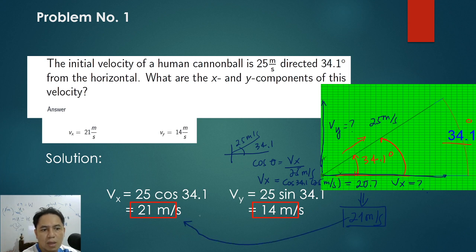Okay. Now we go to the vertical component of the velocity, which is v sub y here. So that line is also equal to this line.